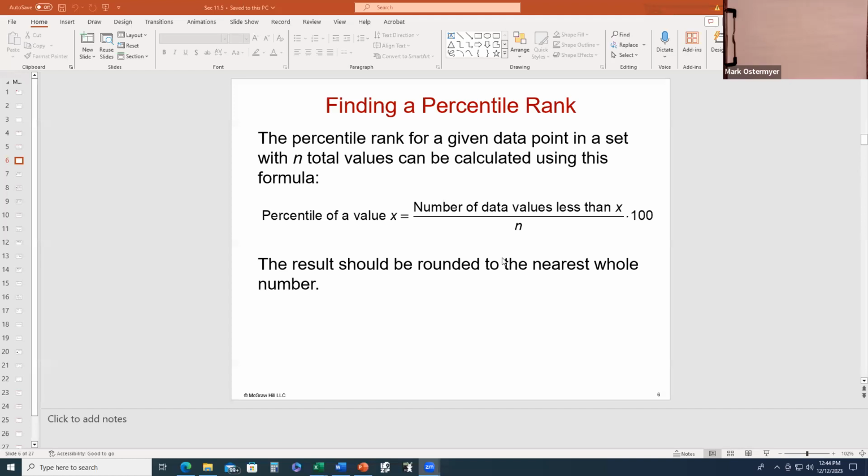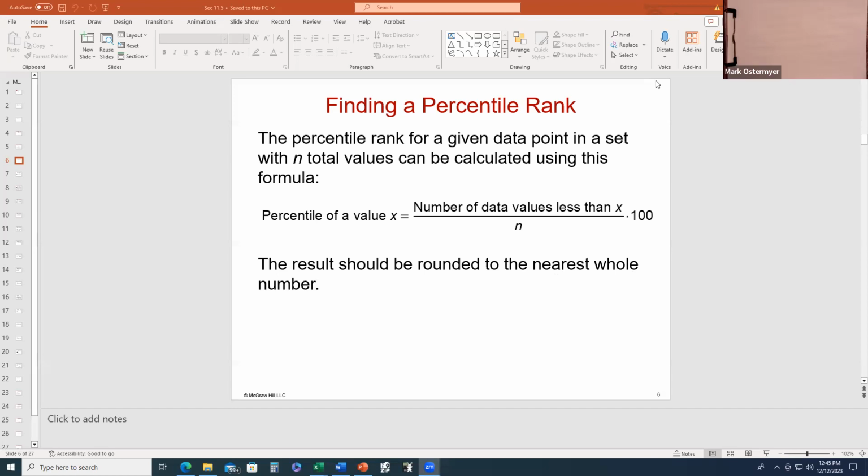Okay. So what happens if you get 89.5 percentile? Where do we round it? Well, they're not specifying where to round such a result as that, whether we round up or round down. It's not going to make a huge difference whether you round down or up in that case, ladies and gentlemen.